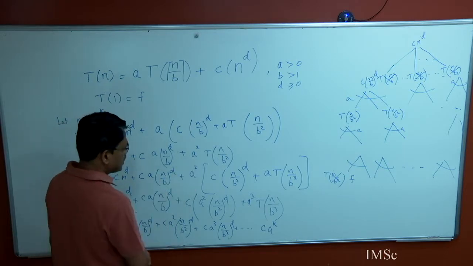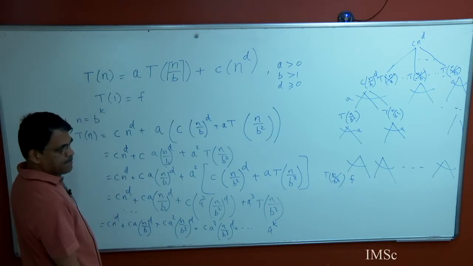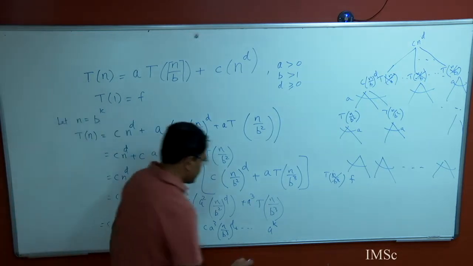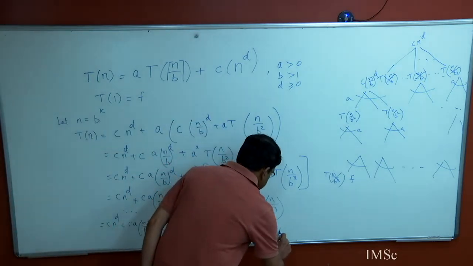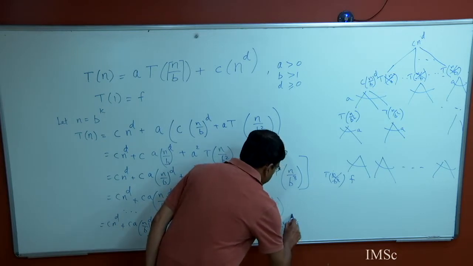This doesn't have a C. At the end, you don't have a C. So T of n by b power k will become an f.